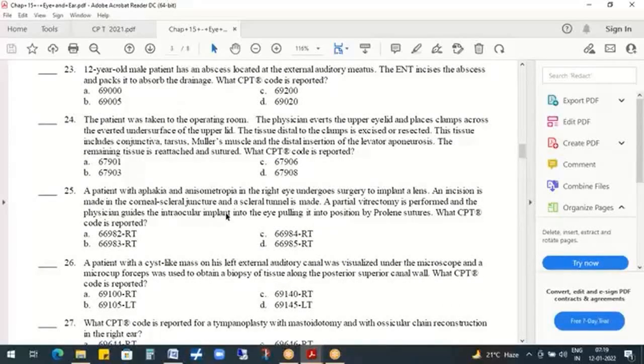25. What is your answer? 66985, D, sir. Everyone? 66984. Can you read the code description 66984?